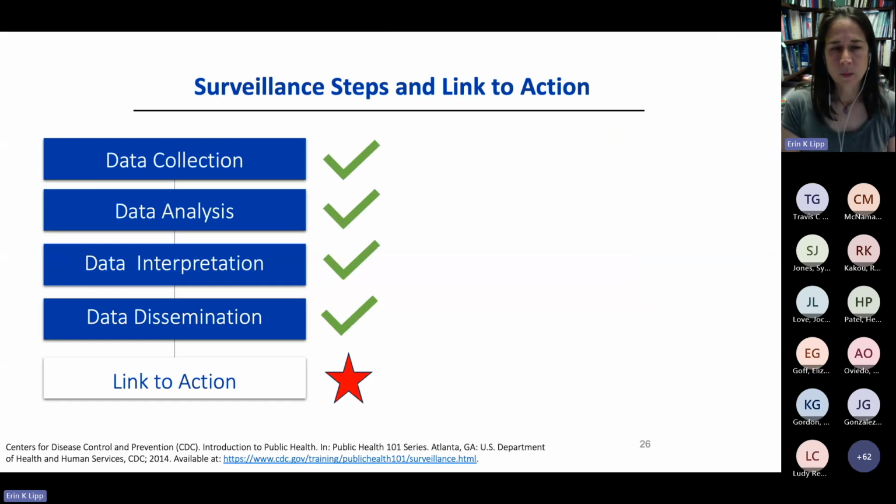So wastewater, we have protocols in place for data collection. Data analysis is robust. Data interpretation is getting better as we're going along, as is data dissemination. The link to action is really the critical step in making sure that a surveillance system is doing what it needs to do.